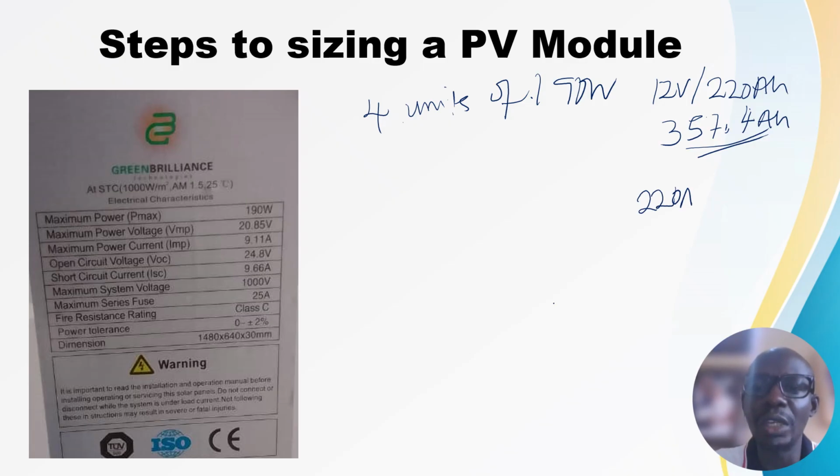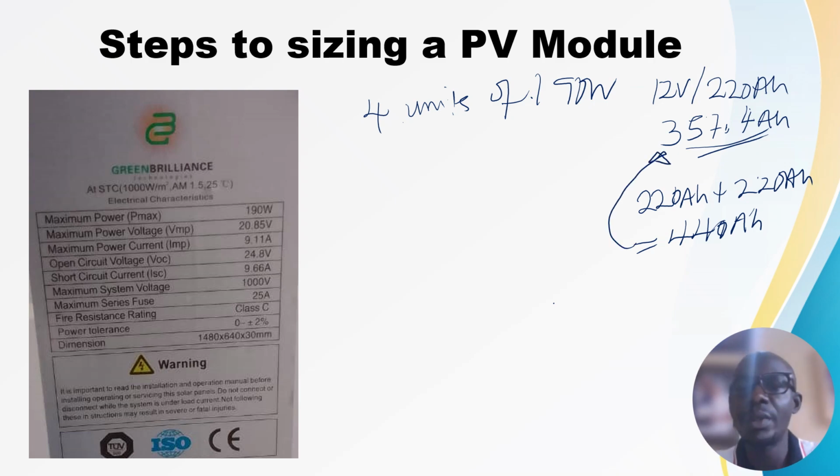It means 220 Ah plus 220 Ah, which will give us 440 Ah, if my calculation is right, which is above this. Do you understand? So how do we now connect our 4 units of 190 watts?